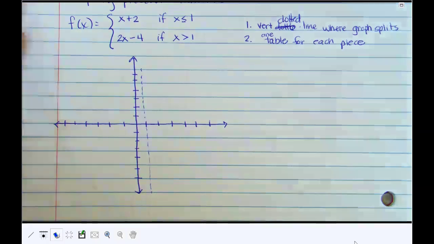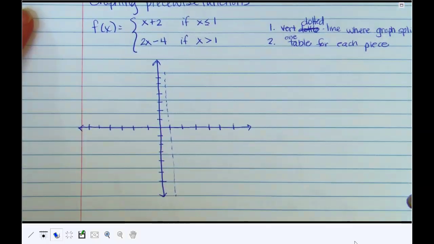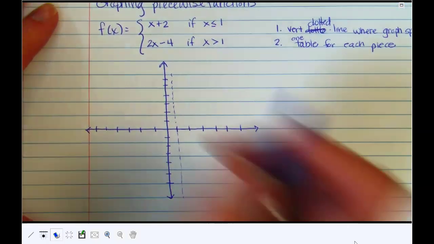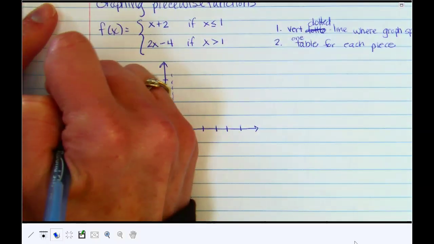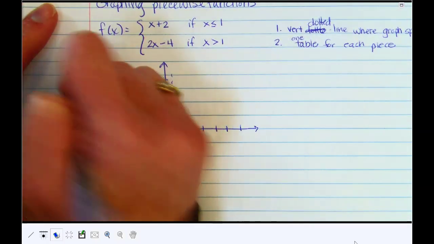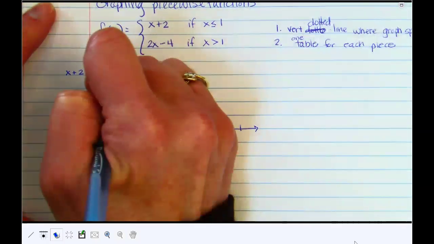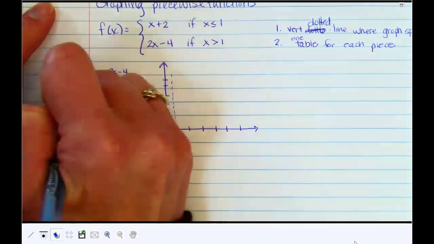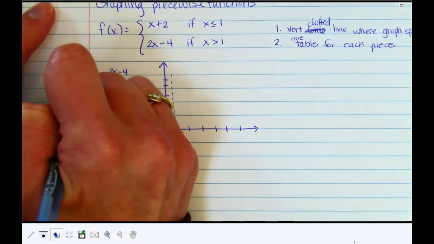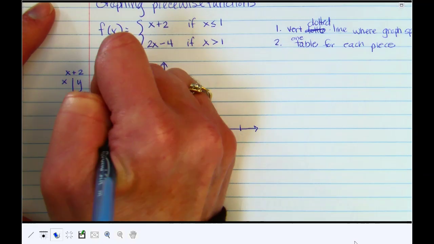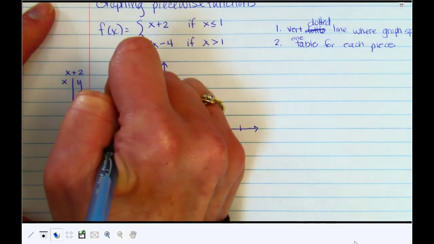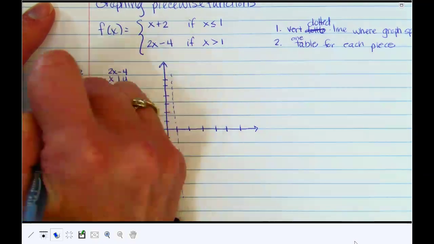I'm going to make mine over here so I have room. The top piece is x plus 2, and the bottom piece is 2x minus 4. I'm going to make an x and a y, and an x and a y. Just a little table. You don't need a lot of things.